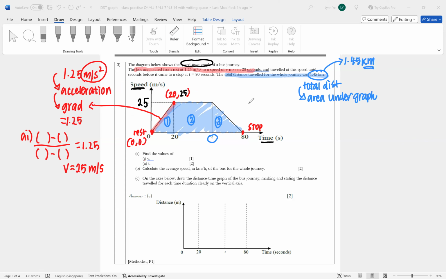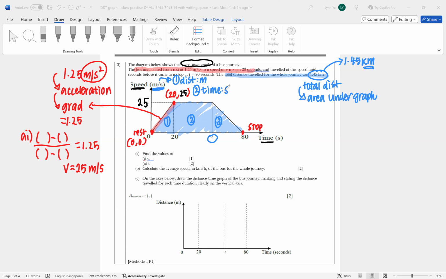Meter per second means they're telling you two things: the unit for distance should be in meter, and the unit for time should be in seconds. So the speed already tells you that the distance must be in meter and the time must be in seconds.